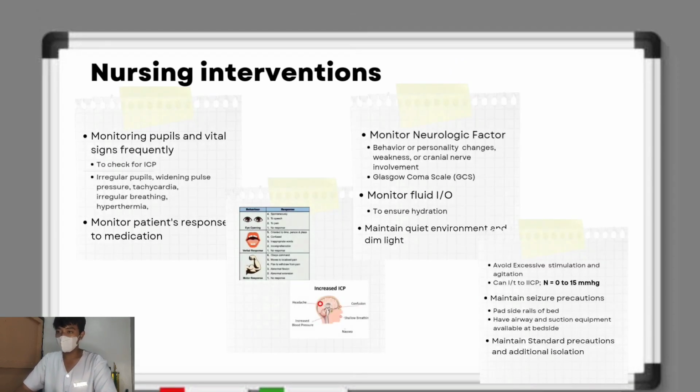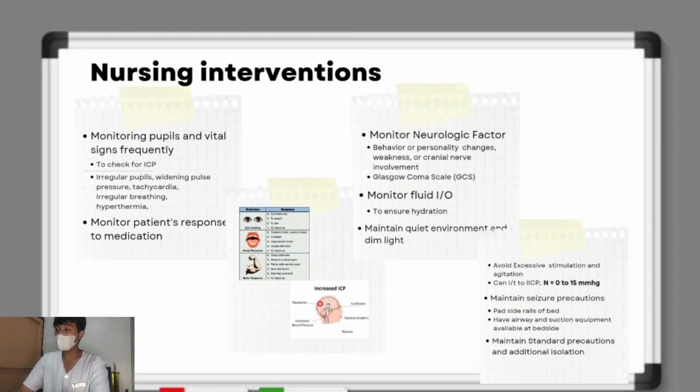In nursing interventions, monitor pupils and vital signs frequently to check for intracranial pressure: irregular pupils, widening pulse pressure, tachycardia, irregular breathing, hyperthermia. Monitor the patient's response to medication.